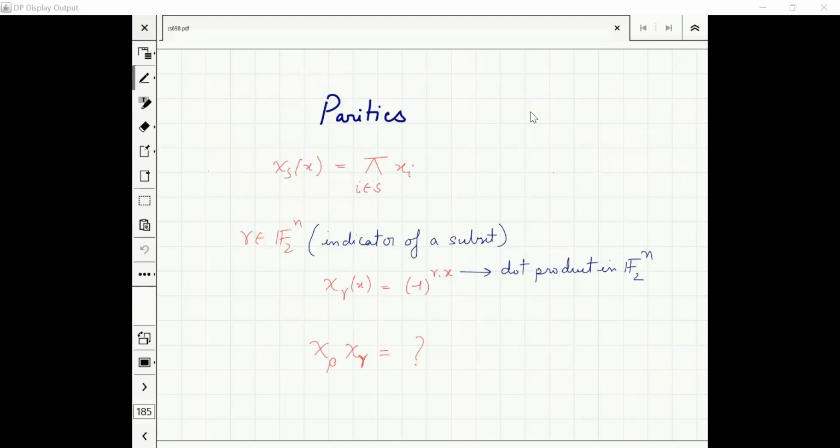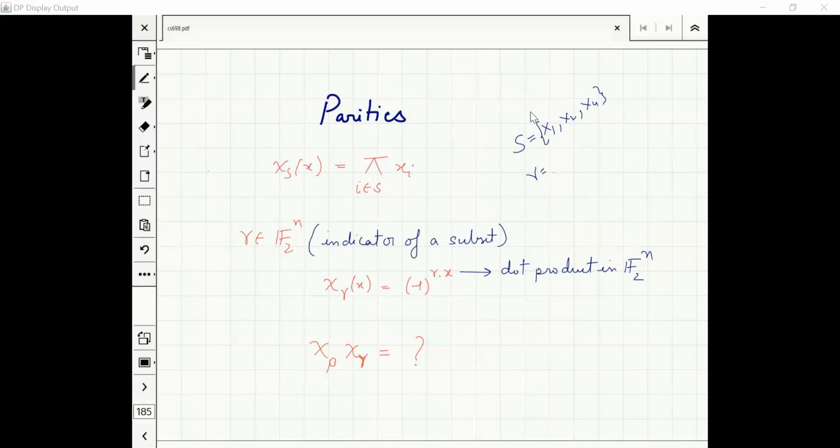And now, just for practice, and I would say just for fun, I will represent parities slightly differently. If I take gamma to be an indicator of the subset, and my subset is x1, x2, x4, what is gamma? Vatsal, what is the indicator vector for this?